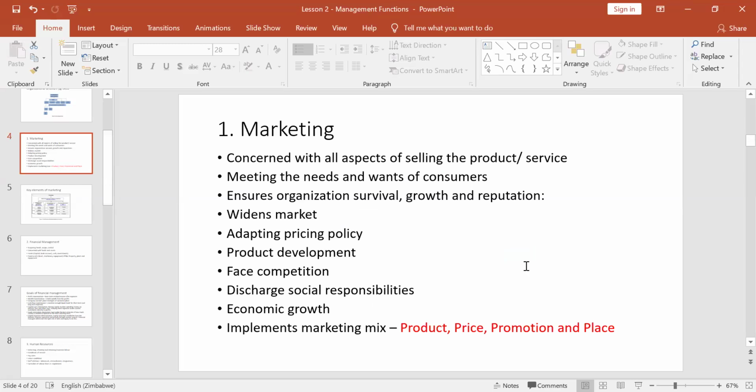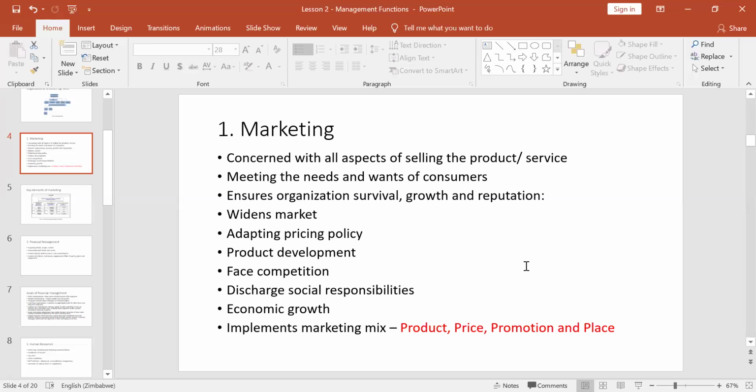Marketing. Marketing is concerned with all aspects that have to do with selling the product or the service. If it's the service industry, they are worried about selling the service. So they want to meet the needs and wants of customers.